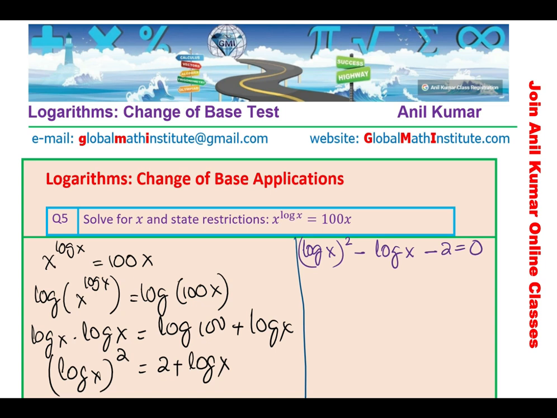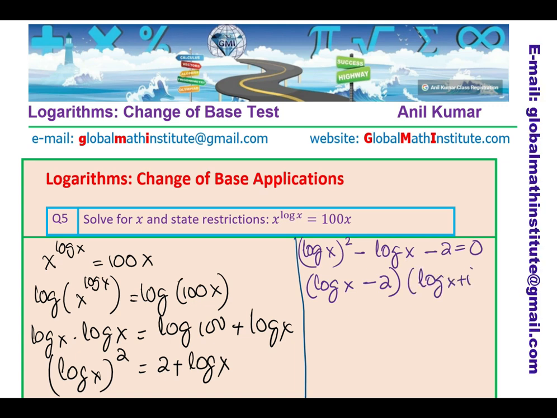So minus 2 means I could do minus 2 times 1, right? So I could write this in factored form: log x minus 2, and plus 1. So log x plus 1 equals 0. That gives us two solutions, log x equals 2, and the other one is log x equals minus 1.